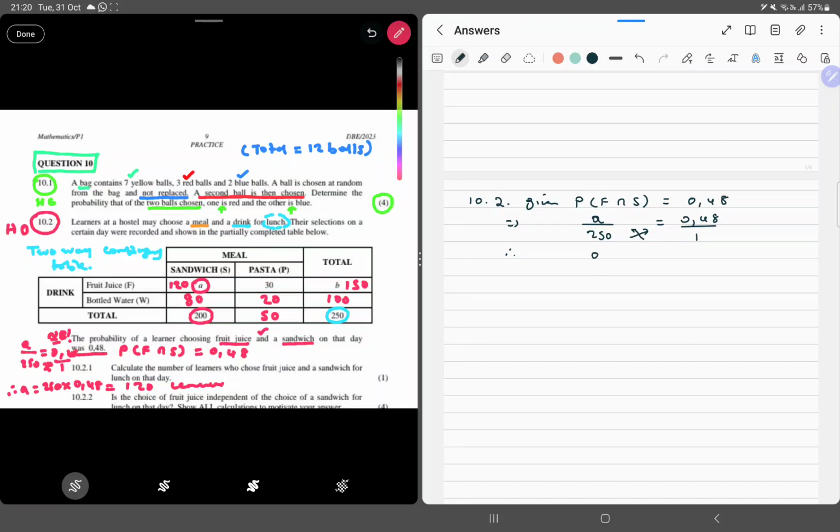We can say therefore A is going to be 250 multiplied by 0.48, and that should give us the number of students. That gives us 120 learners.